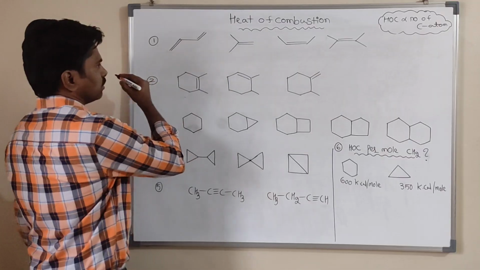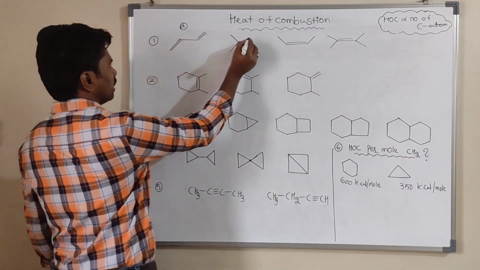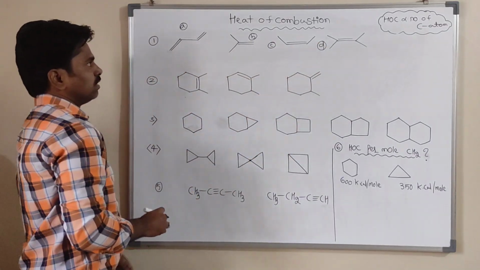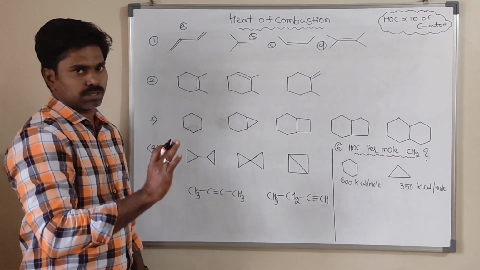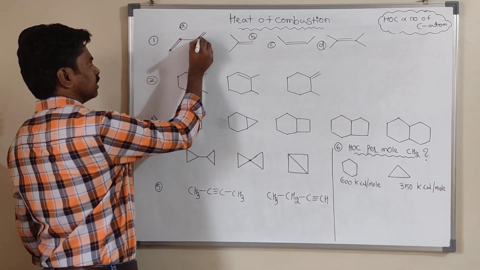Let us see. In the first question there are options A, B, C, D, and you follow A, B, C, D in that order. First you have to count the number of carbon atoms, since that is the base point of heat of combustion. In the given question, the first has 1, 2, 3, 4 carbons.